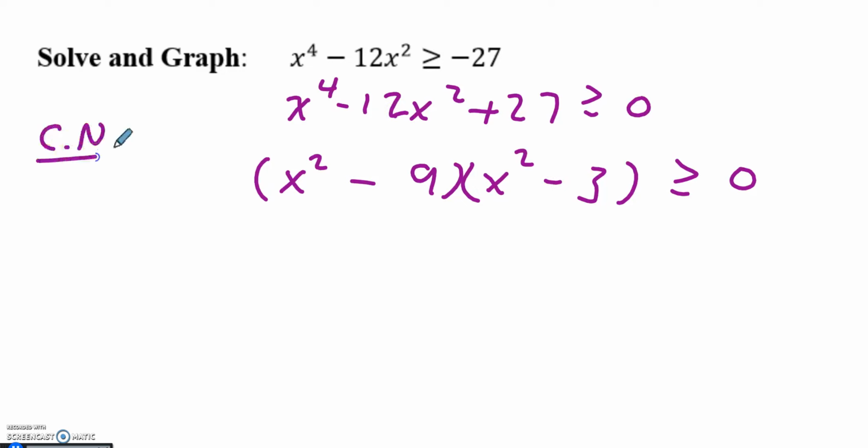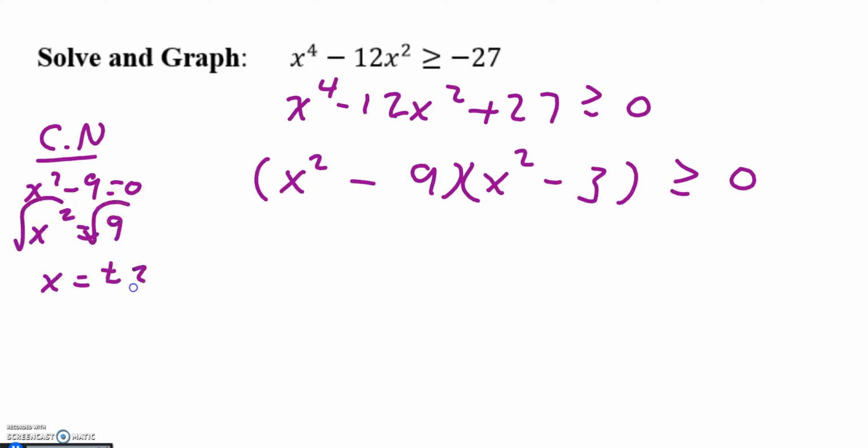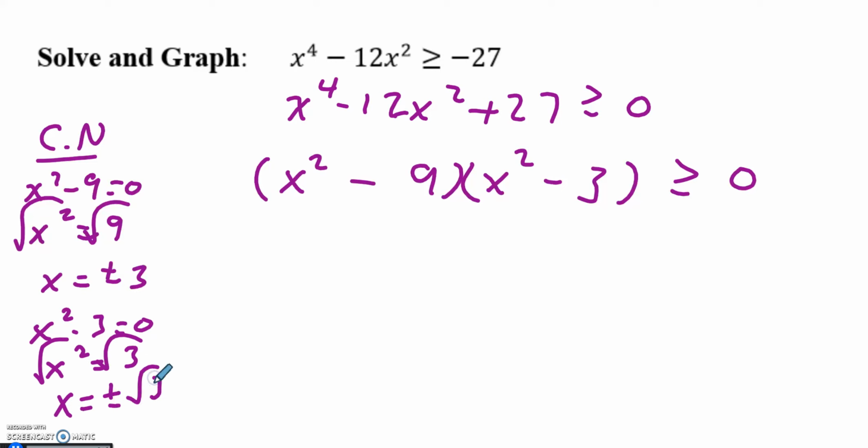So if I wanted to find my critical numbers, I would set x squared minus 9 equal to 0. And I would get two answers of plus or minus 3. And if I set x squared minus 3 equal to 0, I would get two answers. X would be plus or minus √3. So on this number line, I would have 4 critical numbers, not just 2. And so √3 is about 1.7-ish.